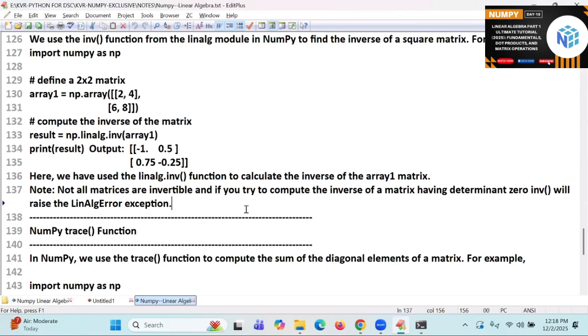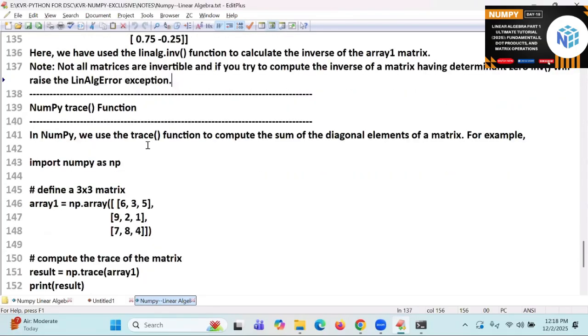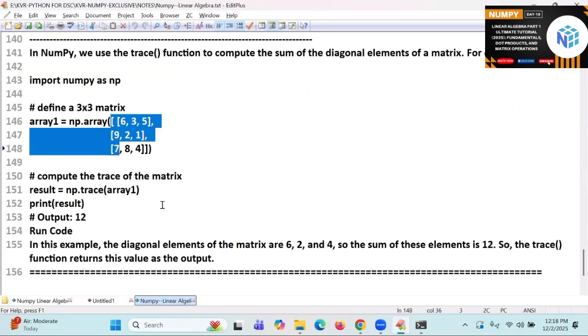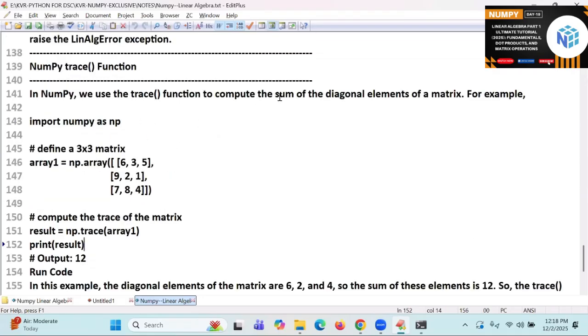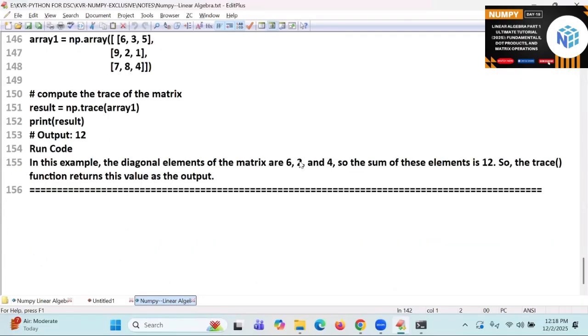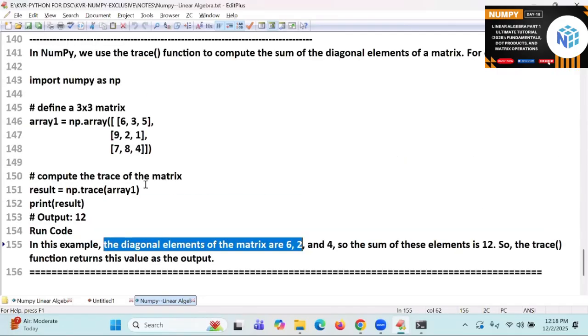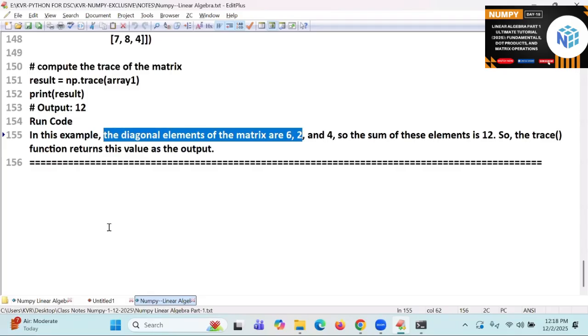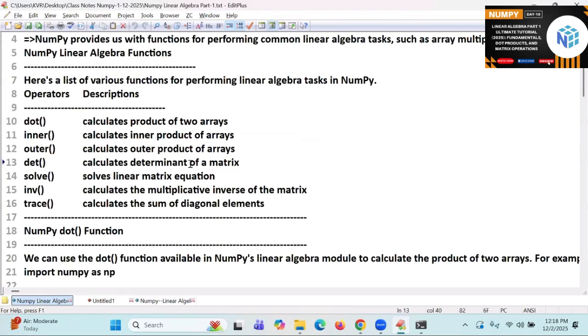In solving equations, determinant is also there. Det, inv, solve are present in linalg. Other things belong to NumPy only. Trace is nothing but the sum of the diagonal elements of the matrix. All these things, it's done. So simple. So these functions are very much useful to you.